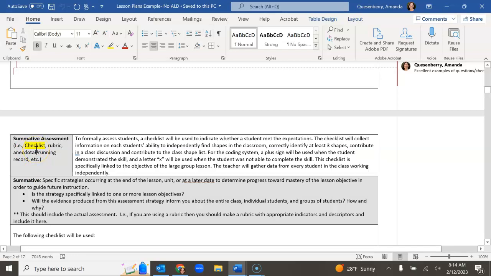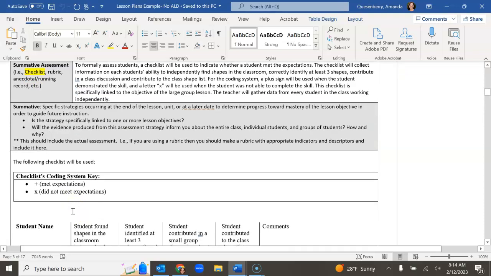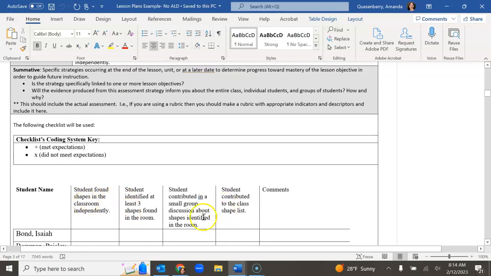So in your checklist, you should be including criteria that align with your lesson objectives. So this is summative, so you want to know at the end of your lesson, were students able to meet these different elements that were a part of your lesson objective.